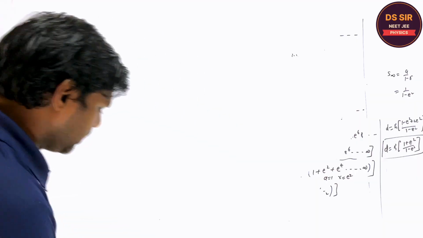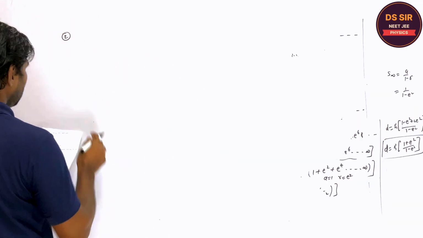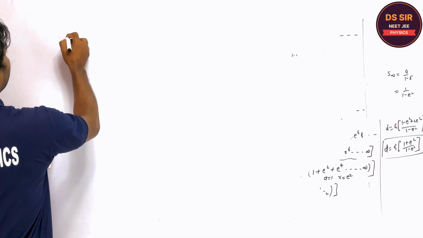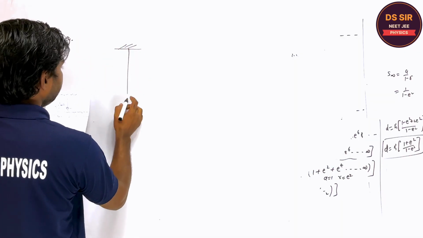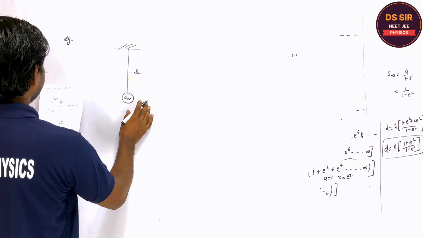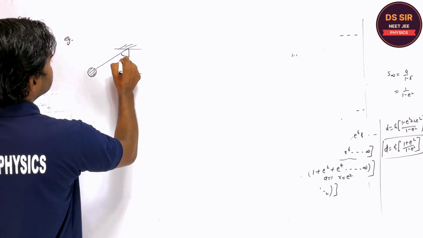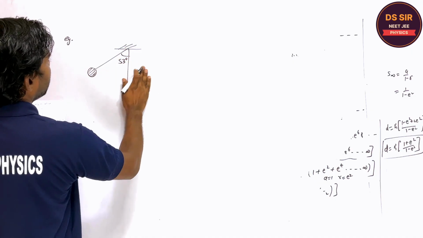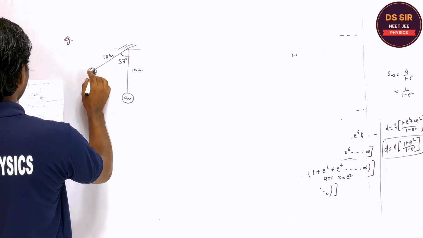Right. Okay. A few more questions we can do on inelastic collision. For example, suppose this is the mass m hanging with the height, right, and this is another mass, right, and this is 53 degree, and this is 10 meter, this is also 10 meter. The mass is 4m.